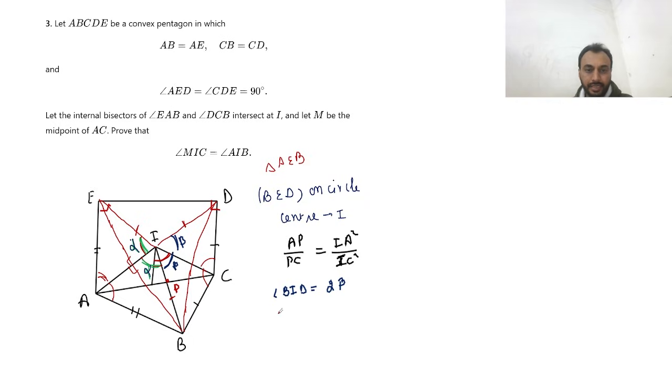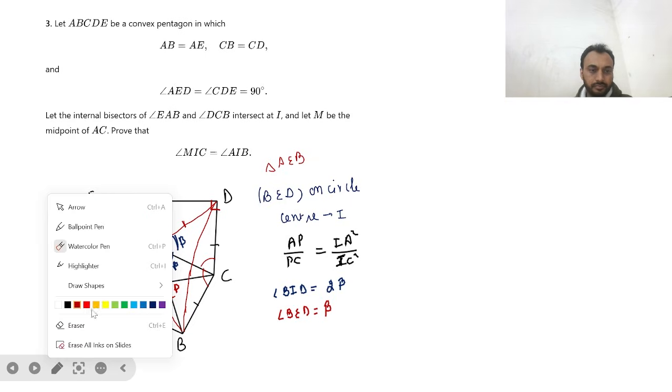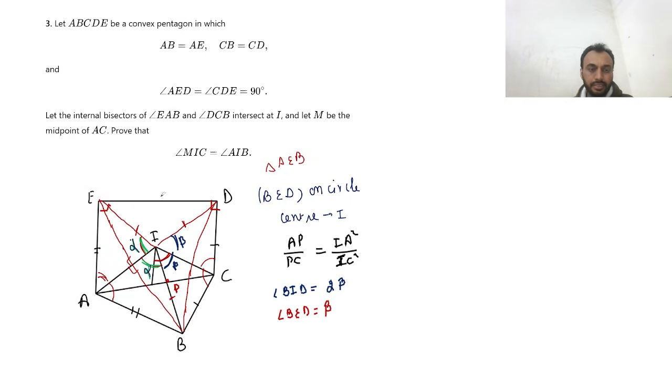So can I say that angle BED is beta? Angle BED is beta because it is half of BID. So if this is beta, then this is 90 minus beta. If this angle is 90 minus beta, then this is also 90 minus beta, because it is an isosceles triangle. And these two angles are also equal, so these are 2 beta in total, so it is beta and beta. So we got these angles beta, beta.